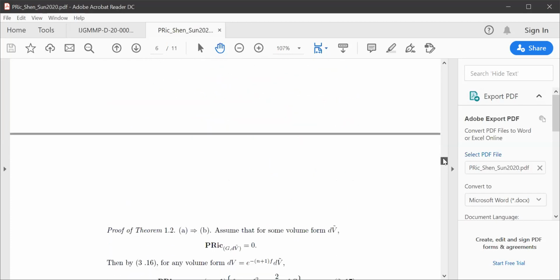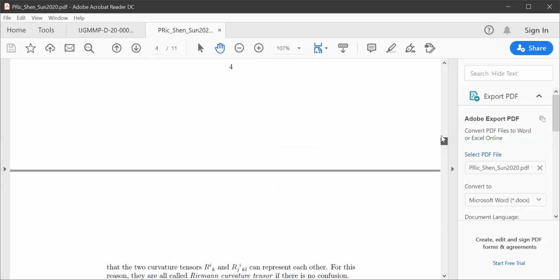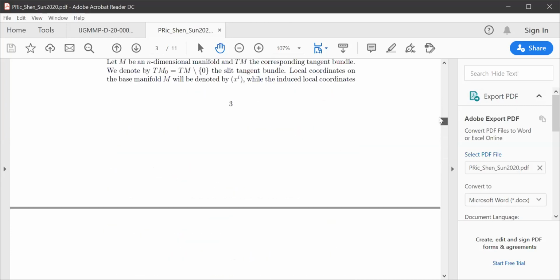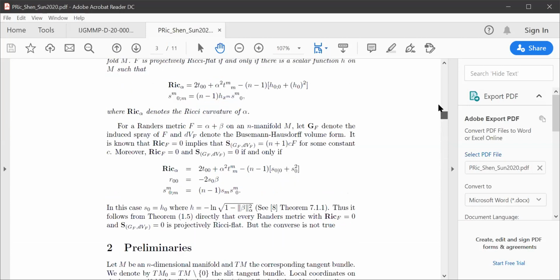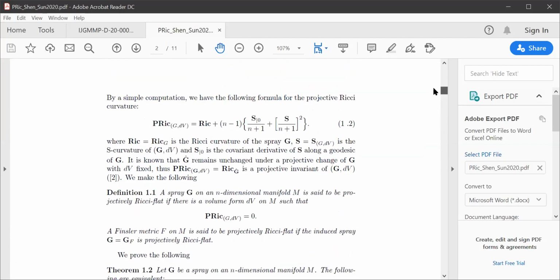So the question is, what is the natural condition we can assume on the metric or on the spray? We give a definition. This is a formula, 1.2, already mentioned. We thought about it many times, but we give a definition that will make sense in geometry.